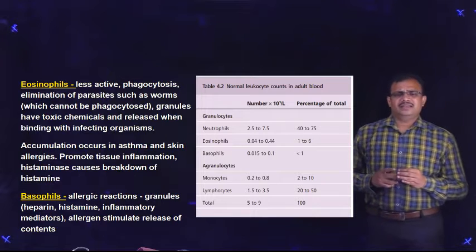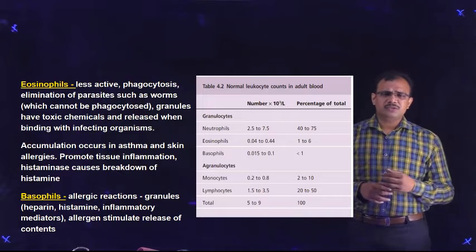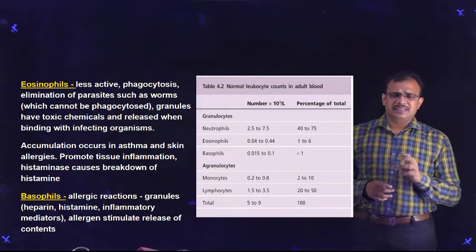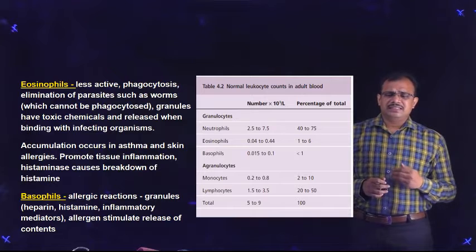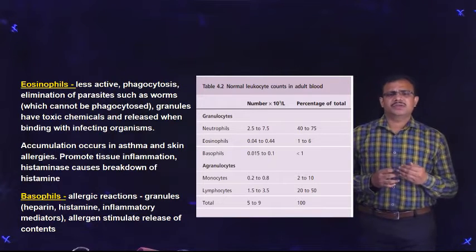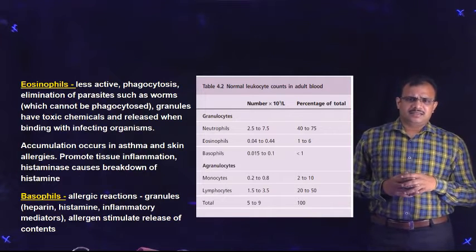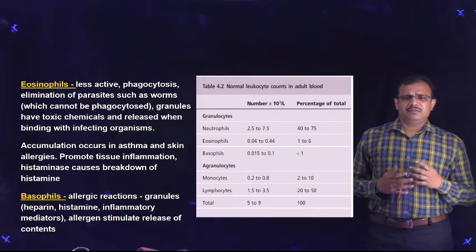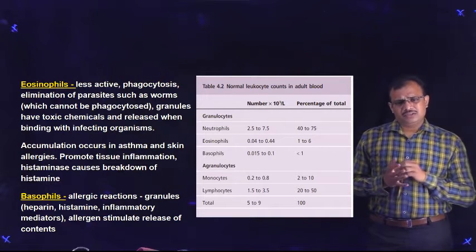The heparin, histamine and certain inflammatory mediators also are present in these granules of basophils, and they mediate allergic reactions, and these are also considered as the circulating mast cells. Mast cells are one type of cells present in the body, and they are adhered to tissues.